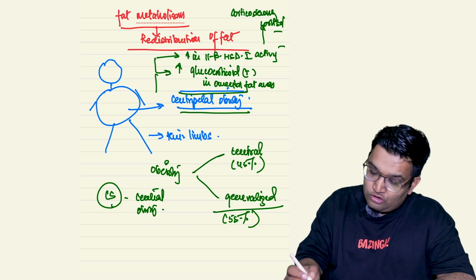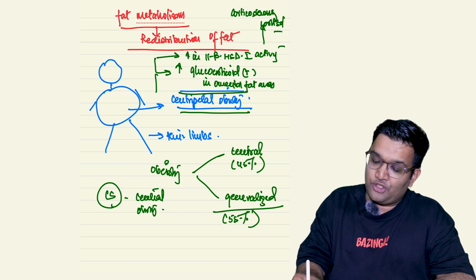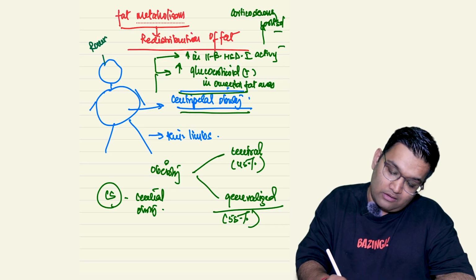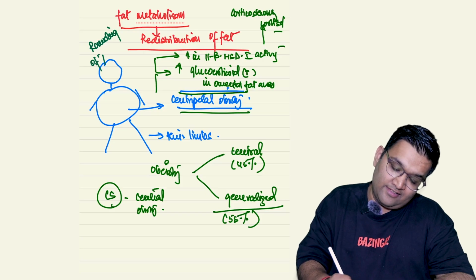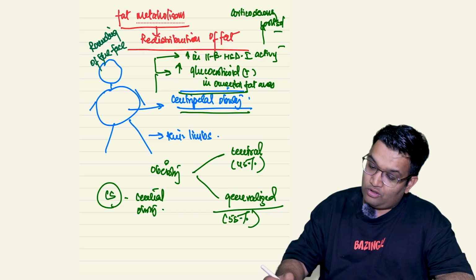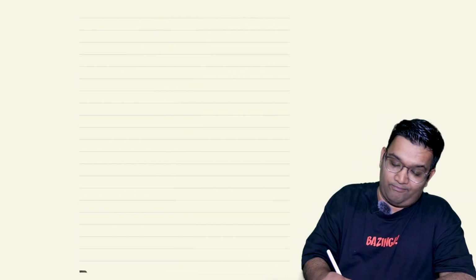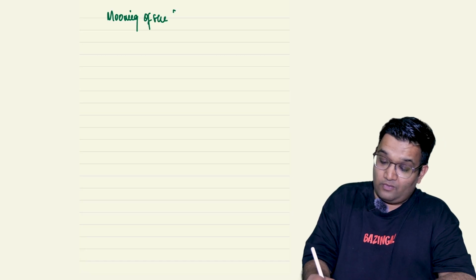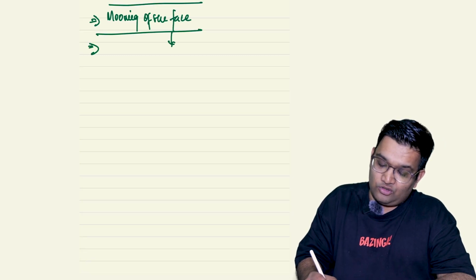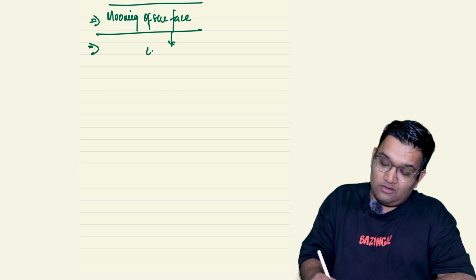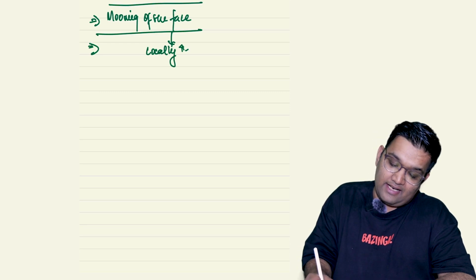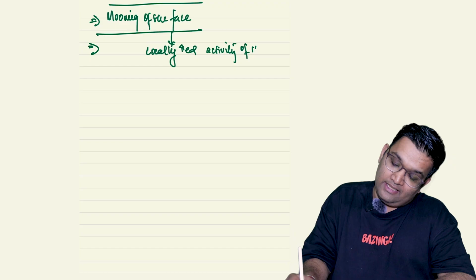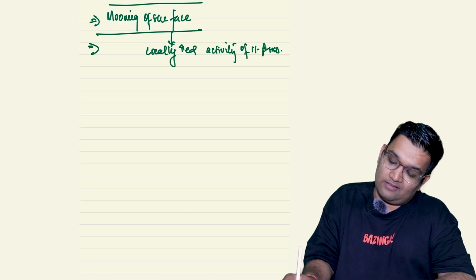Then there is also going to be redistribution of fat in the form of rounding of the face, which is also known as mooning of the face. What is mooning? Mooning is because there is locally increased activity of 11 beta HSD1.